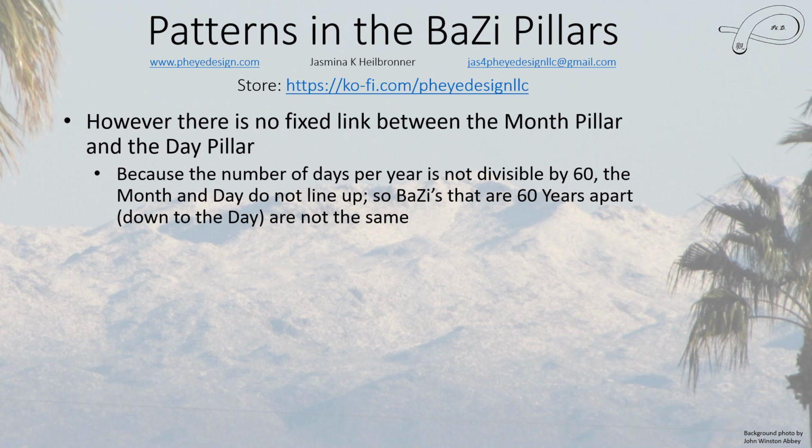So it won't line up in the Gregorian calendar. But it's possible to have 60 years apart to have the exact same charts. But they're not on the exact same days in our current Gregorian calendar.